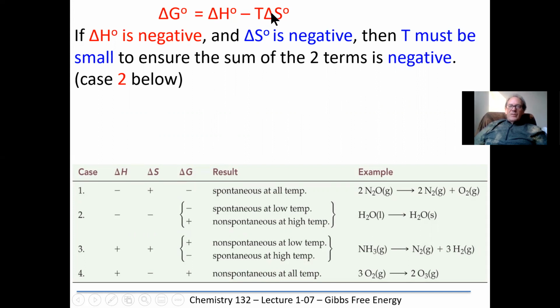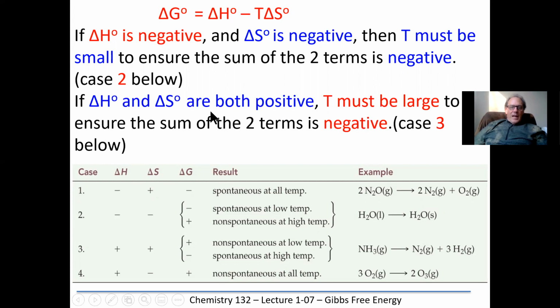We want this T delta S to be small so it does not become greater than delta H. We want the delta H term, which is negative, to dominate. And that's important. And that's case 2 below. So at low temperatures, this term stays small. It doesn't get big enough to overcome the delta H.